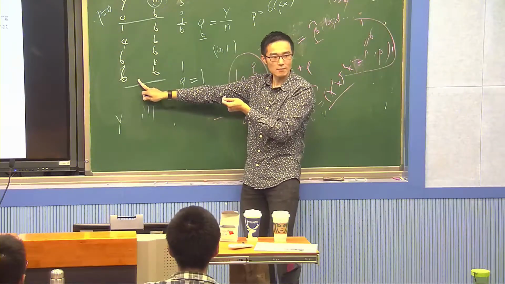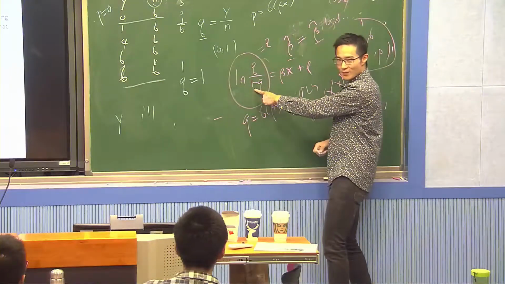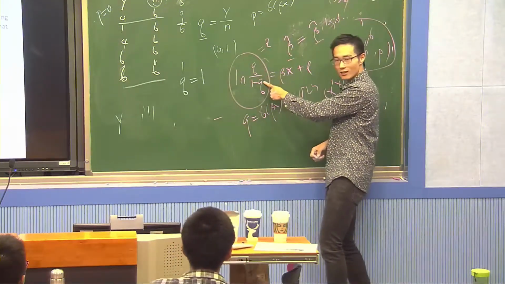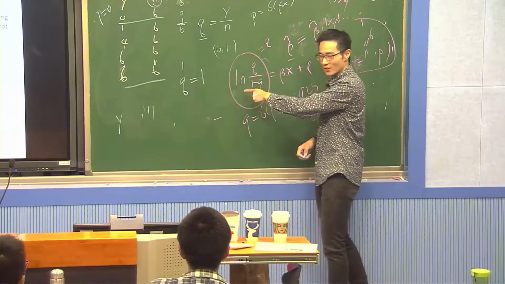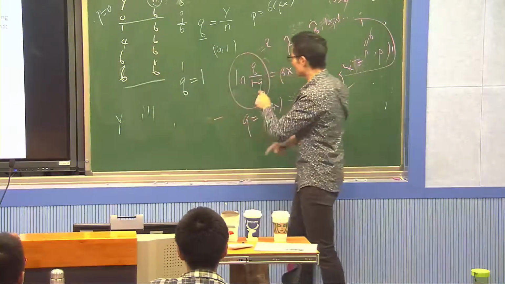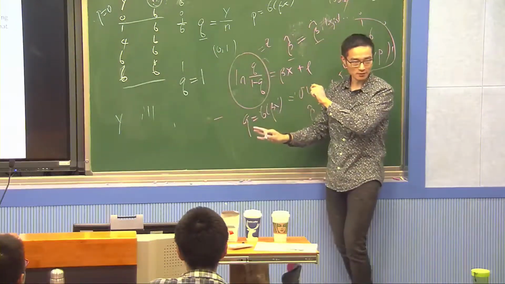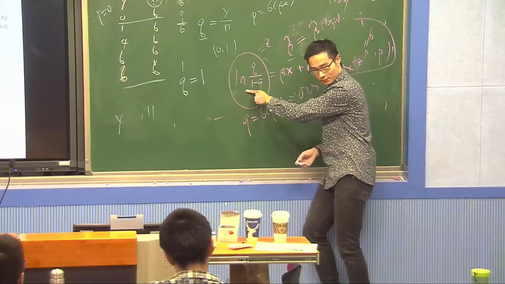Not necessarily. But what if Q equals 1? What happens to this number? 1 over 0, and take a log, so 1 over 0, impossible to do. And when Q equals 0, we have log 0, impossible to do. So when Q equals 1 or 0, this is impossible to do.